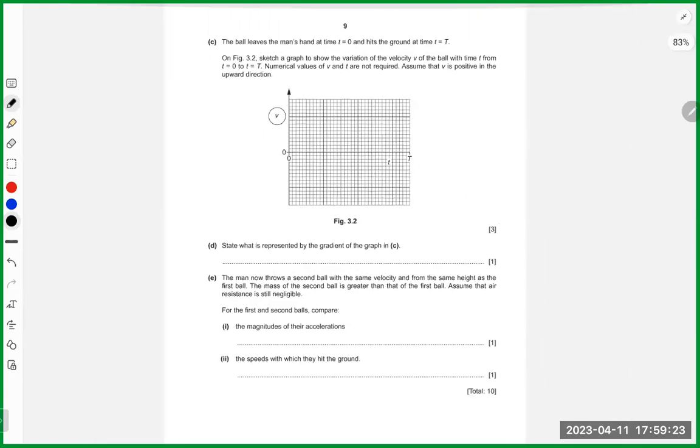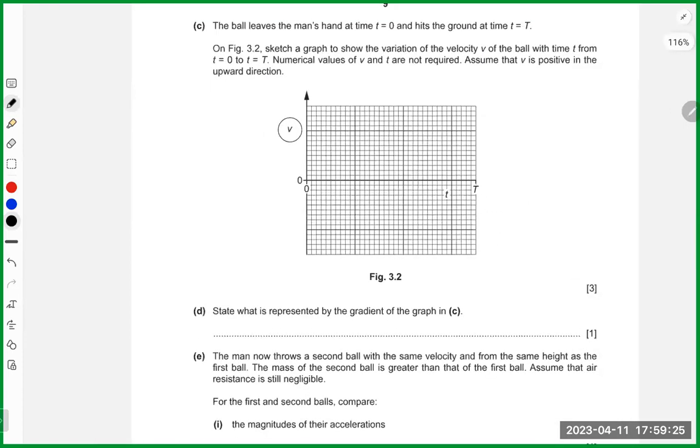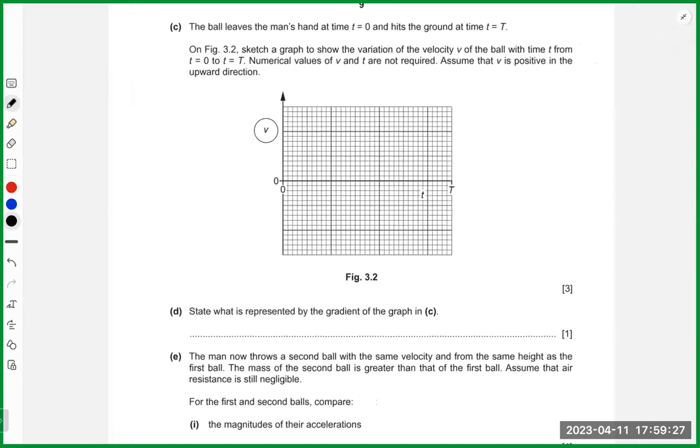V stands for velocity, so velocity divided by time is acceleration. So acceleration is represented by the gradient of the graph at the point.